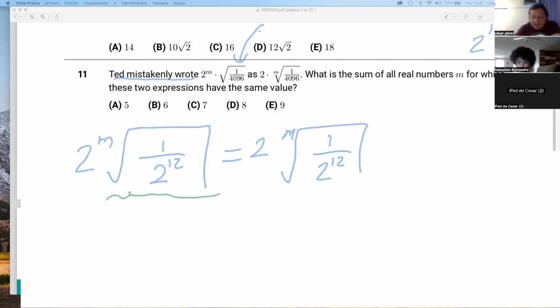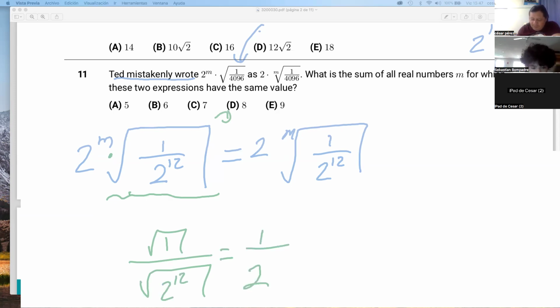Do you know how to simplify this? So 1 over 2 to the 12, to the power of a half. We can do this in different ways. For example, we can split the square root and we will have 1 divided by 2 to the 6.